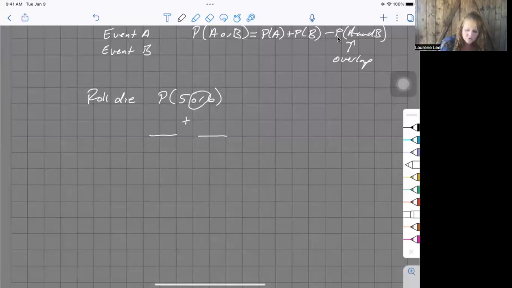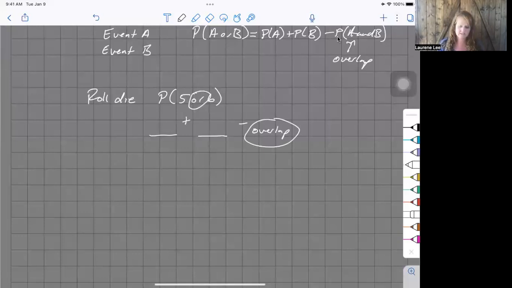Then I'm going to subtract off the overlap. Now that may or may not happen. In this case, because rolling a die is mutually exclusive, which means you cannot roll a 5 and a 6 simultaneously, there won't be any overlap. So sometimes this is not really part of the formula if the events are mutually exclusive.